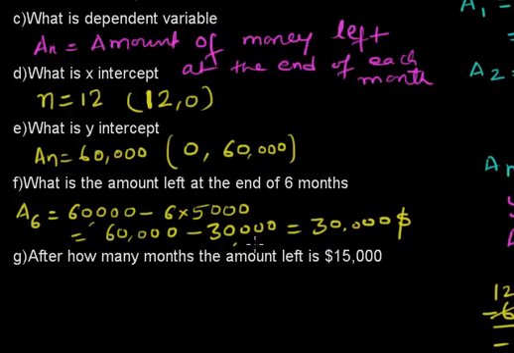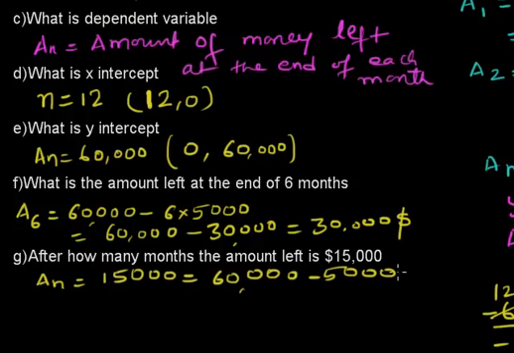After how many months is the amount left $15,000? So A_n is given to us as 15,000, which satisfies the equation 60,000 minus 5,000 n.